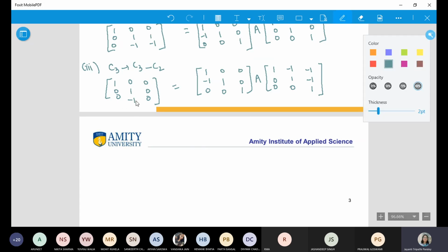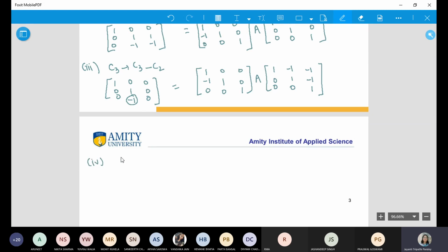Now what is disturbing us? This is disturbing us, right? This is the only disturbance that is left. So let's write fourth step. R3 goes to R3 plus R2.